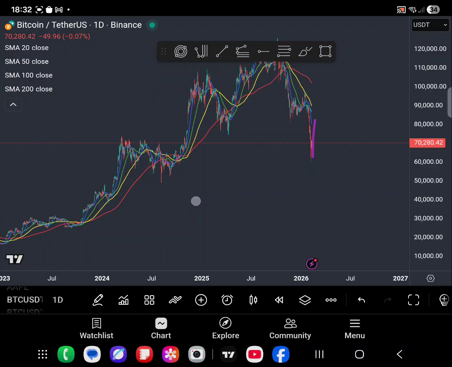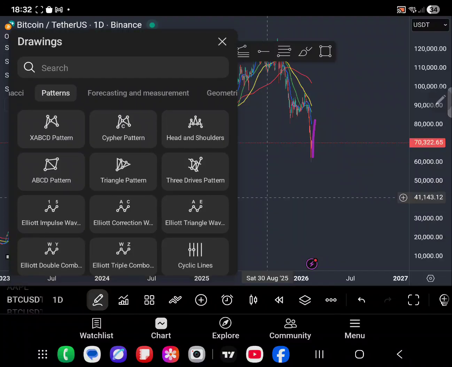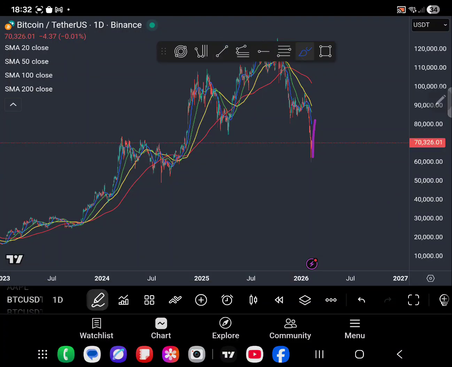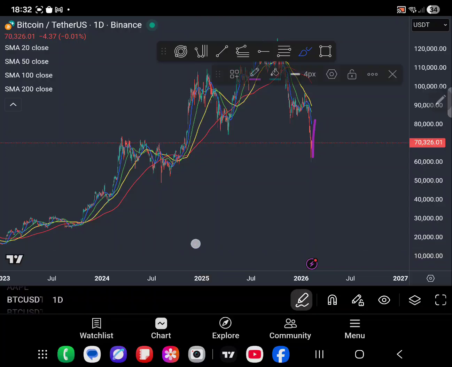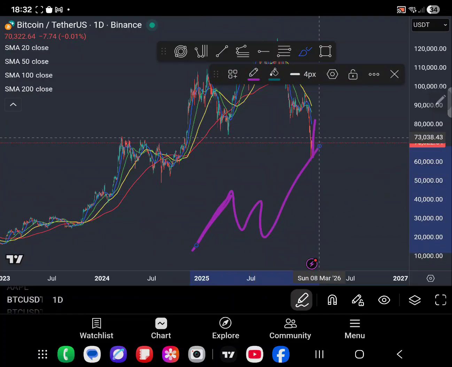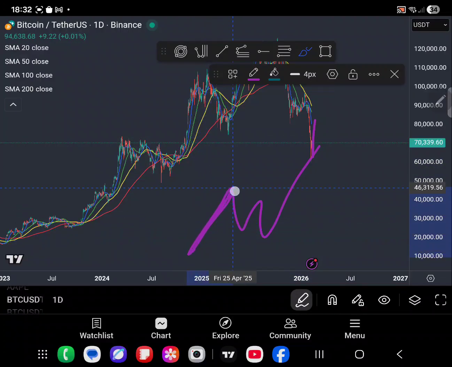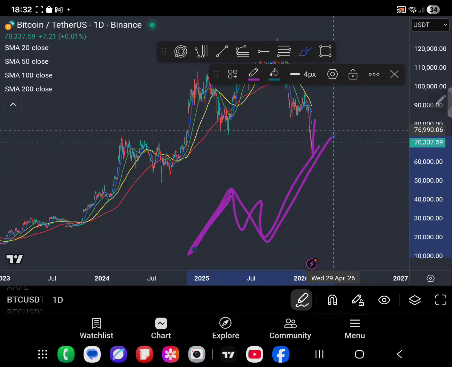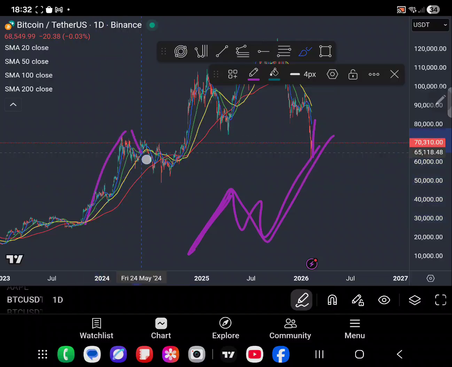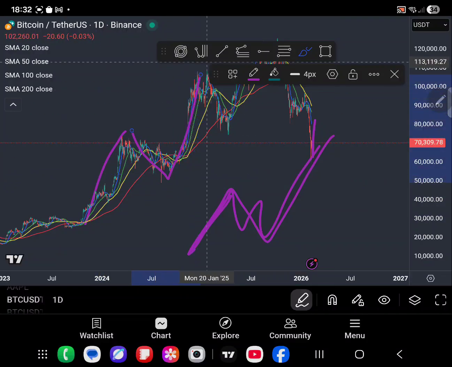The thing about forex, it doesn't matter if it's forex or a commodity like gold or Bitcoin, in these charts you'll always find an ABC pattern, right? You're always going to have this ABC type of pattern.